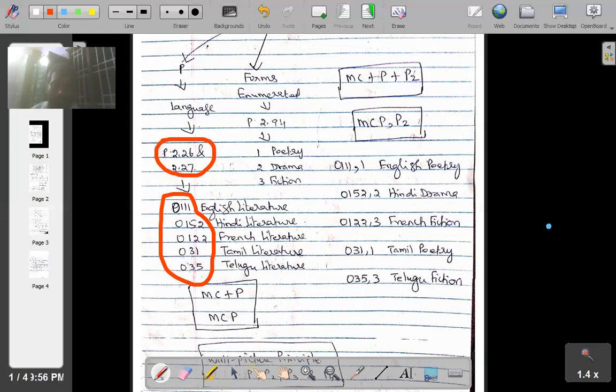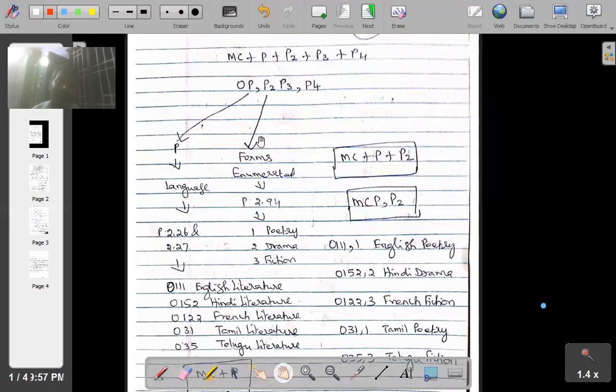So main class O followed by the language number taken from the language schedule. That is the first piece, P1. Fine. Okay. So now, whenever a title on literature is given to us, we know very well where to go and collect the first P, that stands for language.